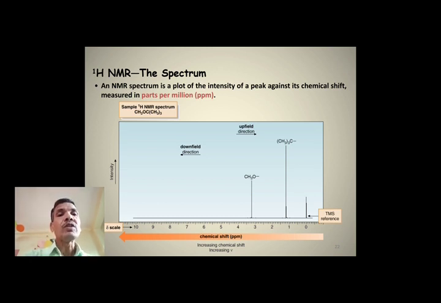Therefore, the two signals appear with different intensities. This intensity is for 9 hydrogen atoms, while this intensity indicates fewer hydrogen atoms, only 3, which are attached to the oxygen atom and give a signal at about 3.2 delta.